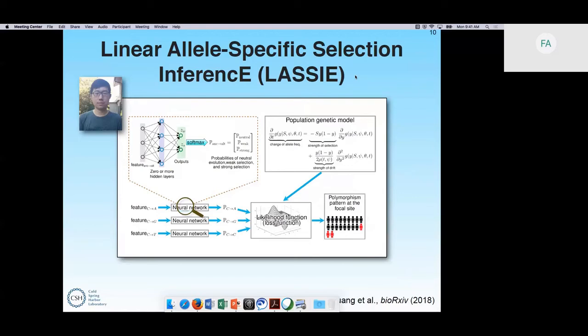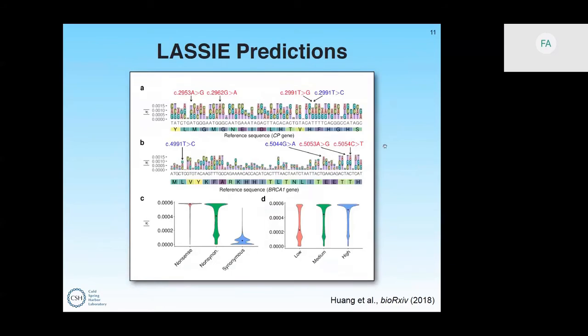And that allows us to parameterize things in terms of actual selection coefficients and to estimate selection coefficients at every site in the genome. So what we end up with is a map like this across the genome, where we can look at every position in the reference genome, think about all possible mutations, and quantify a selection coefficient associated with those mutations. And you can see, for example, that mutations that are synonymous in this case tend to have small absolute values of selection coefficients associated with them.